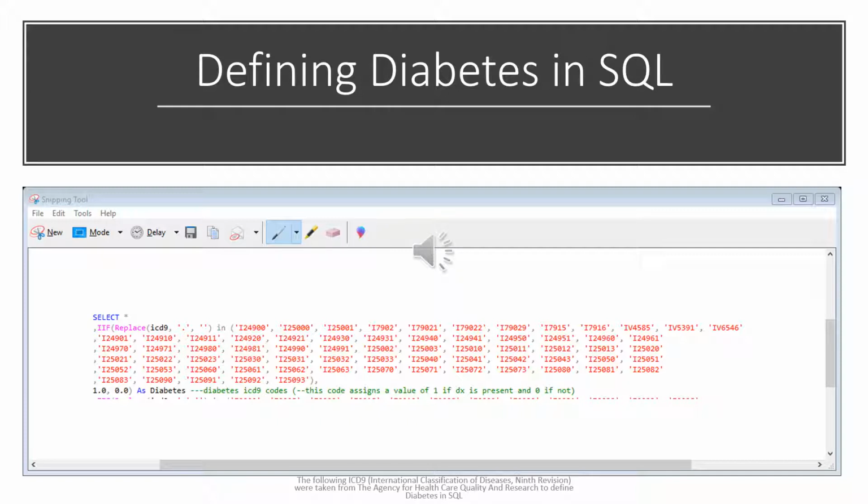In order to create a predictive model for diabetes, the ICD-9 code for diabetes has to be defined in SQL. This slide is an example of the SQL code used to define diabetes.